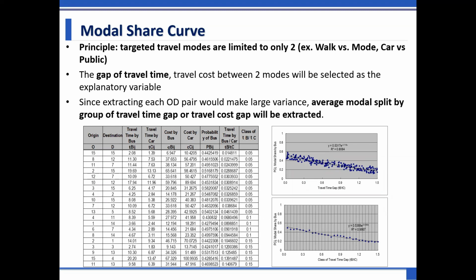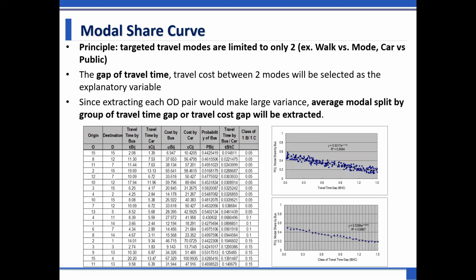I think you can understand these are average values. According to this table, for each origin and destination, the probability of the bus being chosen and the probability of the car being chosen can be estimated.